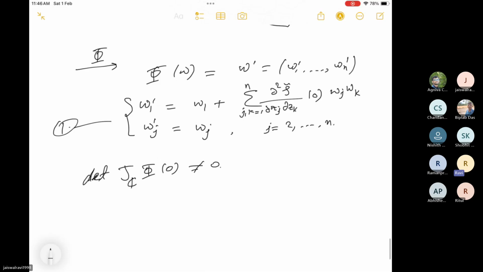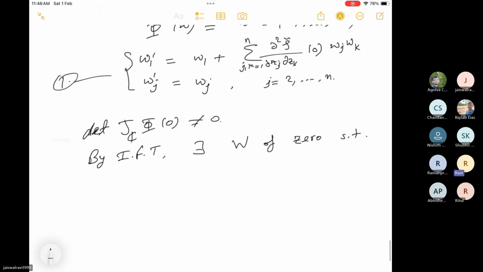So now you can apply the inverse function theorem. By the inverse function theorem, there exists a neighborhood W of 0 such that phi from W to phi of W is a biholomorphic map.